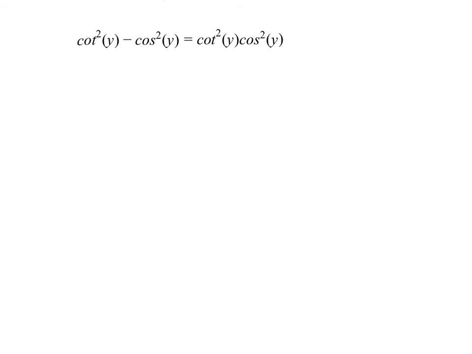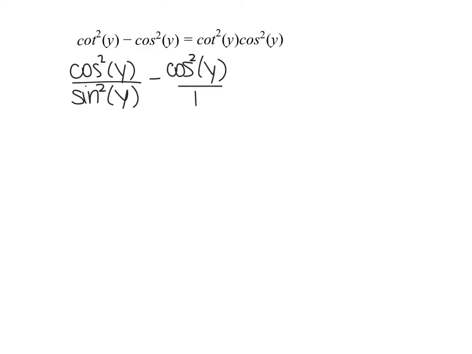Our last example, we want to verify that cotangent squared of y minus cosine squared of y equals cotangent squared of y times cosine squared of y. So I'm going to verify this identity by simplifying the left side. So I'm going to start with replacing cotangent squared of y using its ratio identity. I can rewrite it as cosine squared of y over sine squared of y minus cosine squared of y over 1.